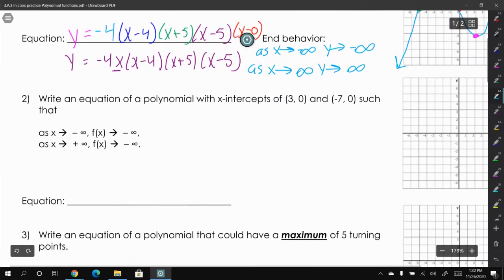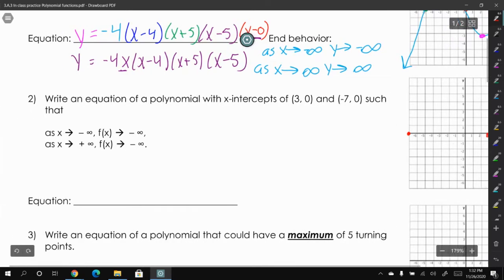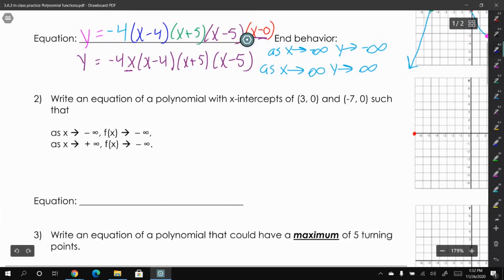Then number 2 down here, it says write an equation of a polynomial with x-intercepts at 3, 0 and negative 7, 0. And then we have this end behavior. Because both sides are going down, this tells us two things. This tells us we have both ends going down.